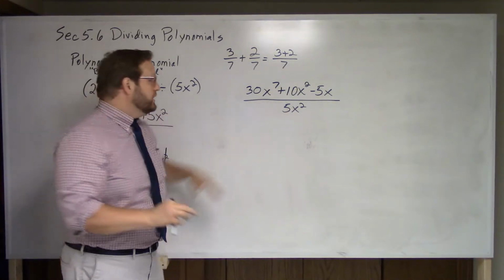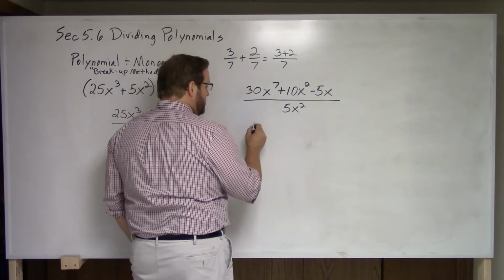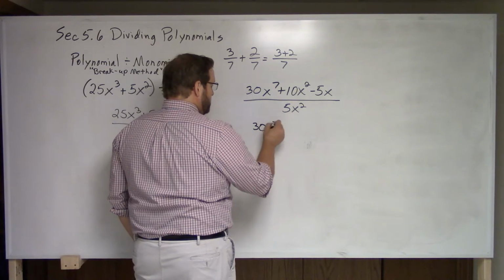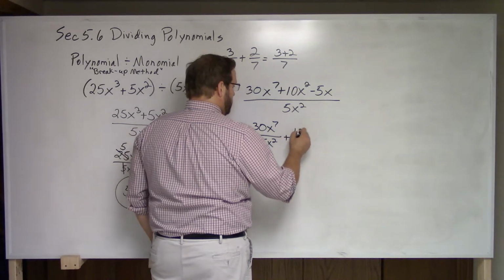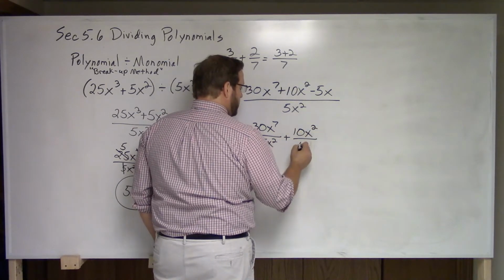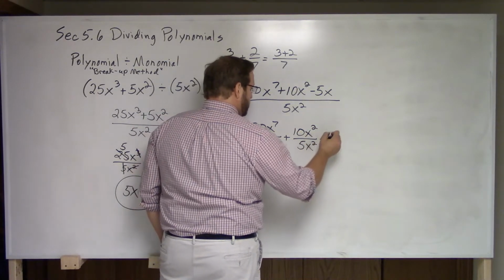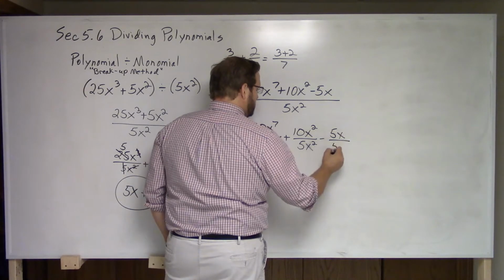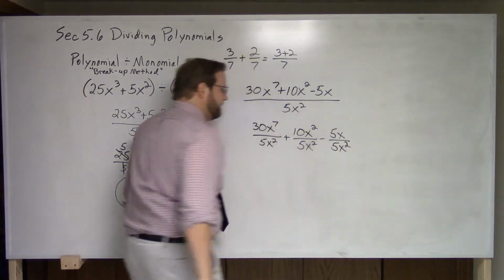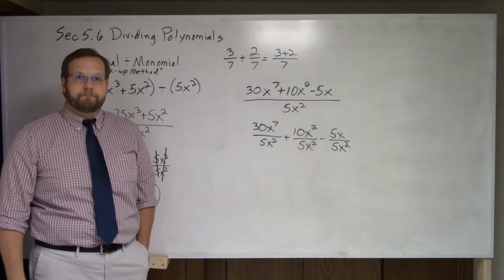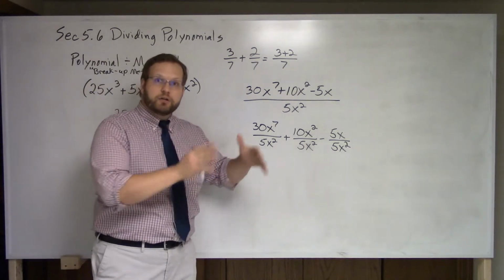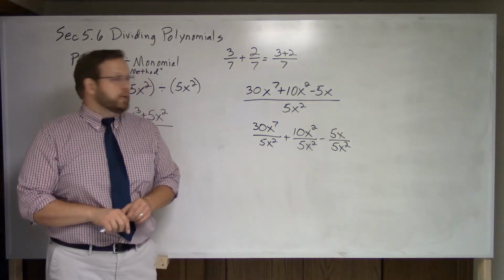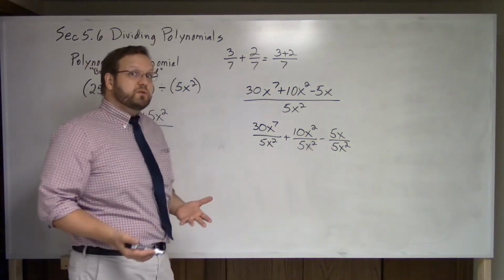So what we're going to do is break this up into 3 separate fractions, just like that. Notice the denominator doesn't change, it just gets copied under each term of the numerator. And then we just reduce each of those 3 parts.